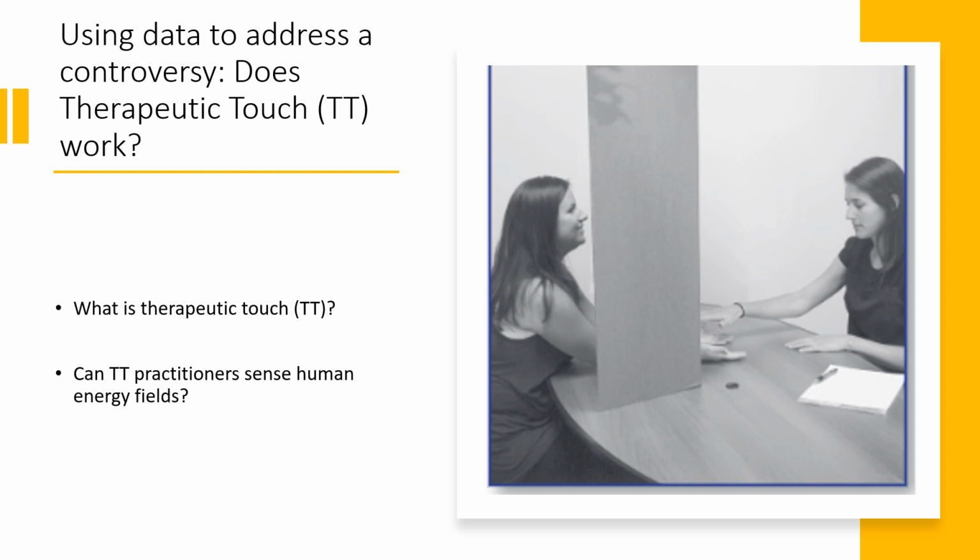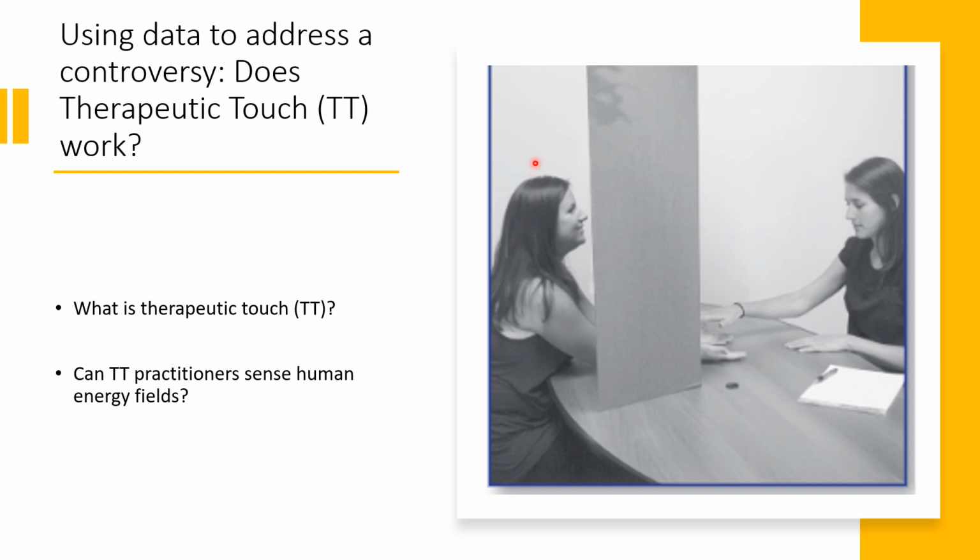One of the studies that challenges its effectiveness was done by Emily Rosa and her colleagues, as you read about in the reading. The figure on the right is a visual depiction of how the procedure might work. The person on the left is the practitioner.